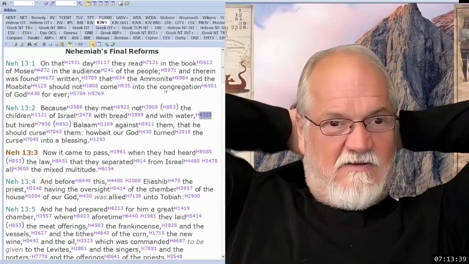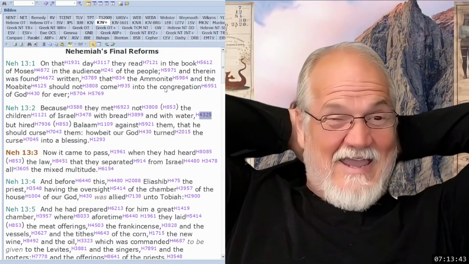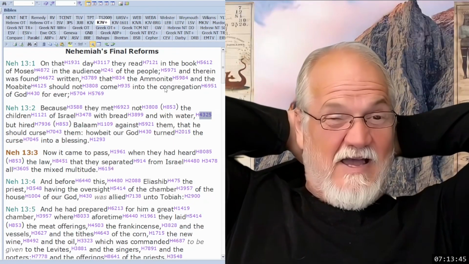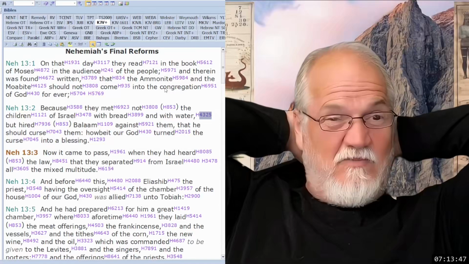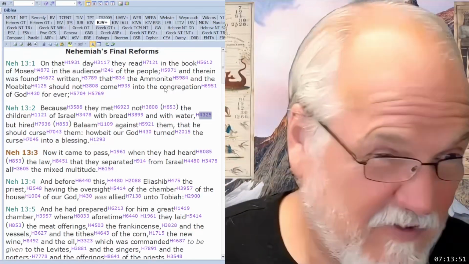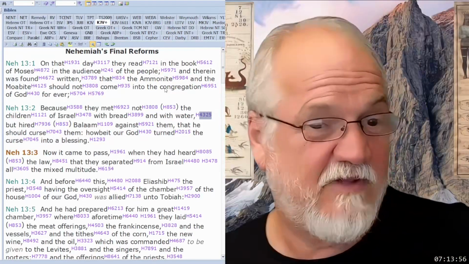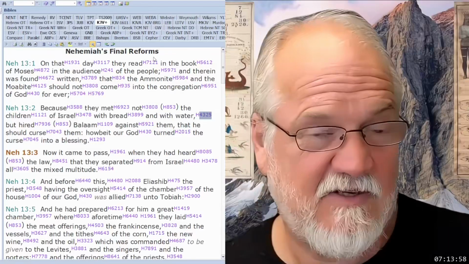And then they're going to separate this mixed multitude. And they're going to kick Tobiah out of this chamber in which they used to store the meat offerings, frankincense, vessels, and the tithes of the corn and the new wine and the oil that was commanded to be given to the Levites.